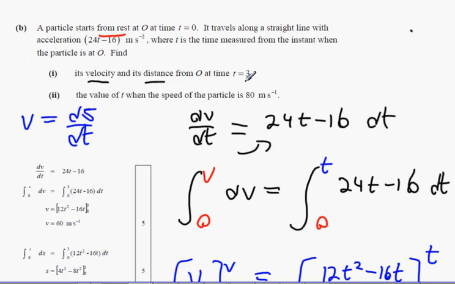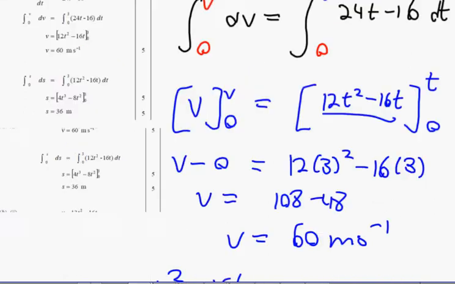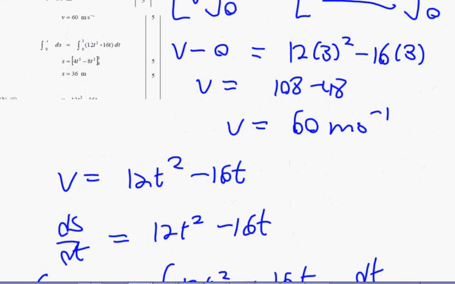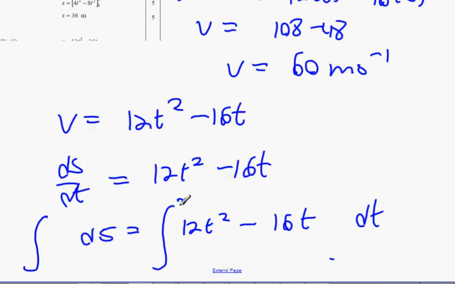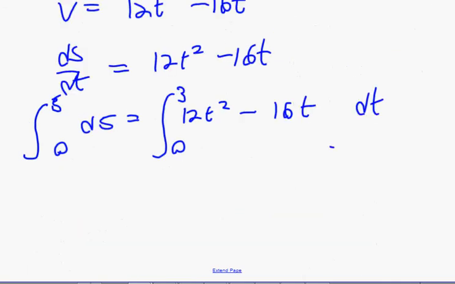So the upper limit is 3, and that's matched off with s. The lower limit is 0, and you didn't travel any distance at 0.